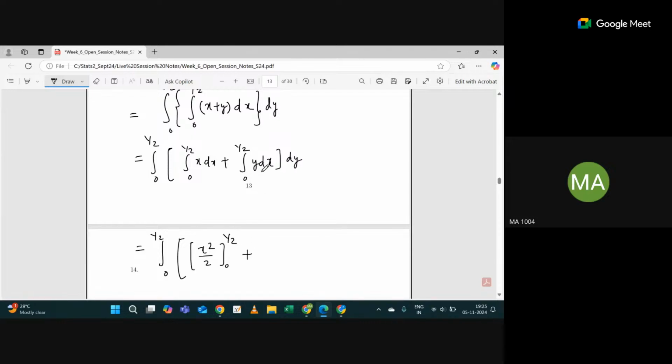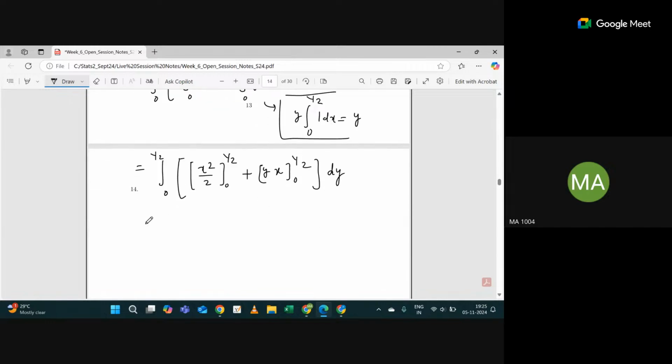And y is a constant for x, because we are integrating with respect to x, so it will be y times the integral from 0 to half of 1 dx, which will give you y times x from 0 to half. Okay, and overall dy, from 0 to 1 by 2.